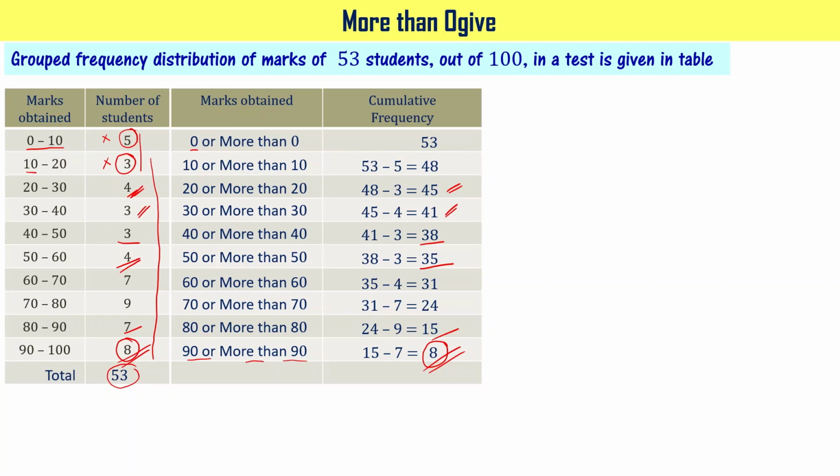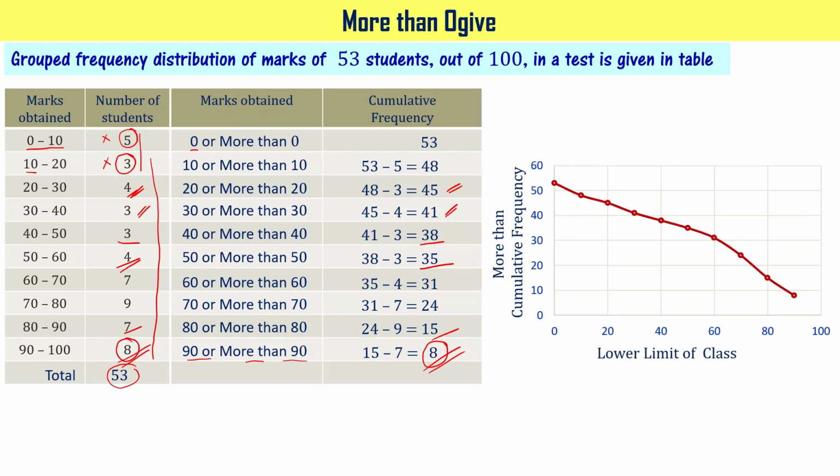Now we have the data of cumulative frequency and marks obtained also, right? Let's plot that, more than type cumulative frequency versus lower limit of class. Your lower limit for these classes is going to be 0, 10, 20 and so on.